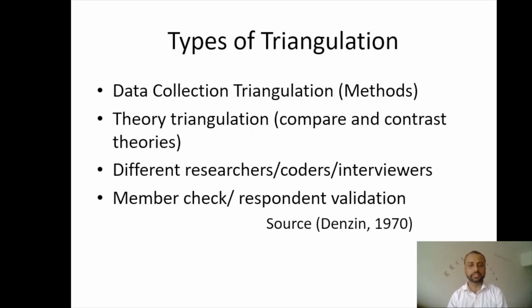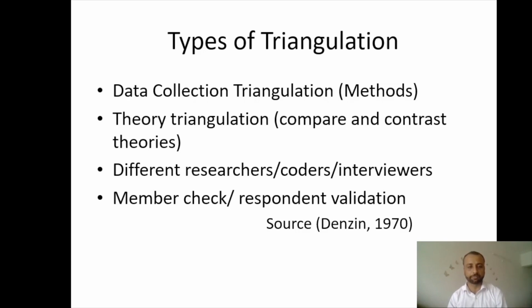Triangulation is a very broad concept and it includes multiple forms of triangulation. Triangulation actually means that you obtain data through more than one source, and for the person who is validating the data, you should again have more than one person.